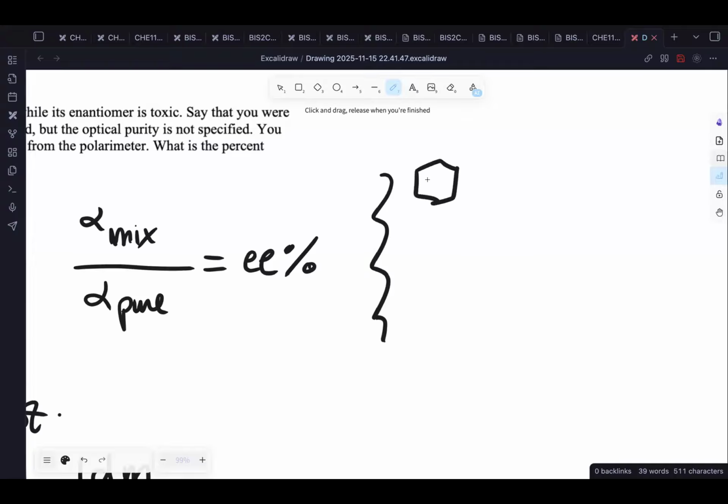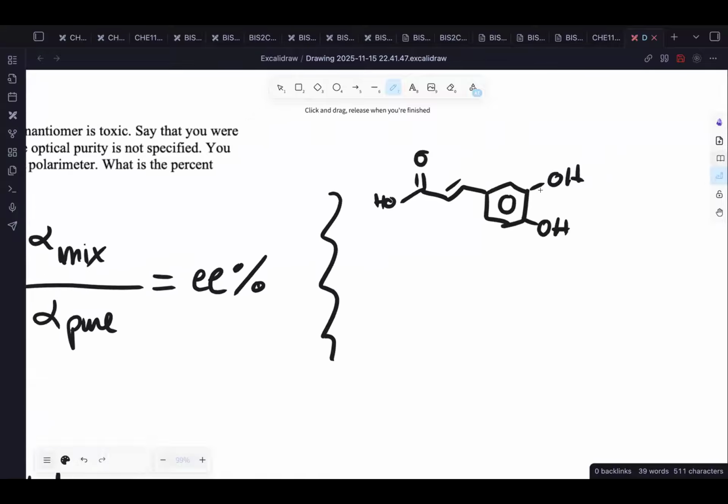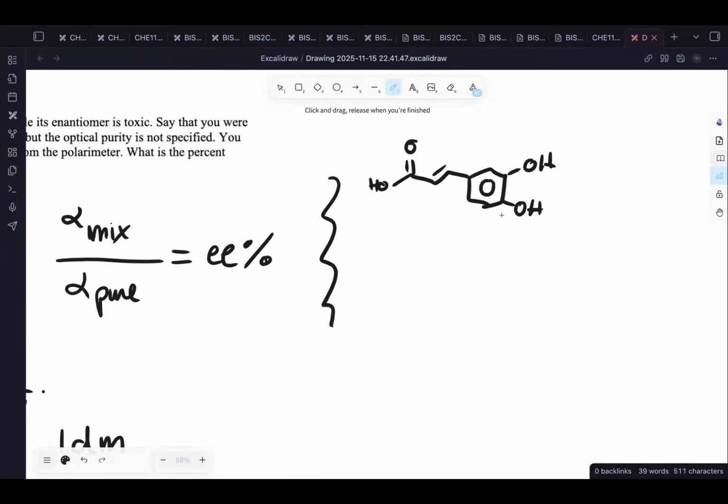Caffeic acid. Let's say you had caffeic acid, and it could have some stereochemistry, or let's just make it like that. Let's say you had this molecule over here, and then it could have a chiral form.